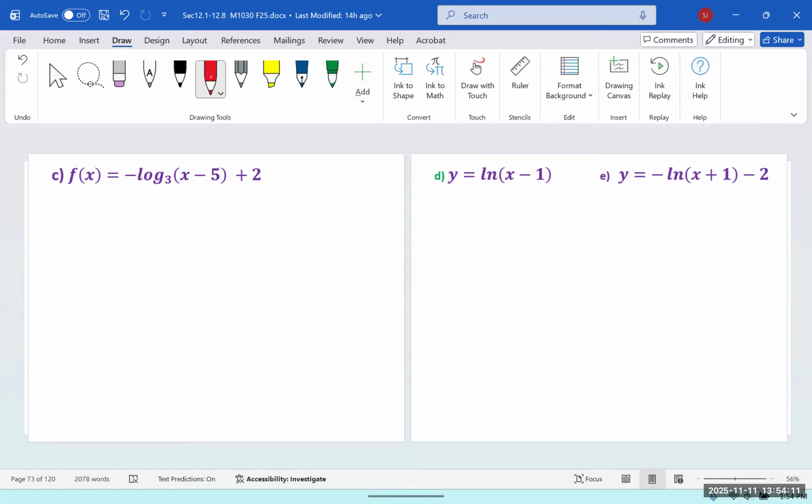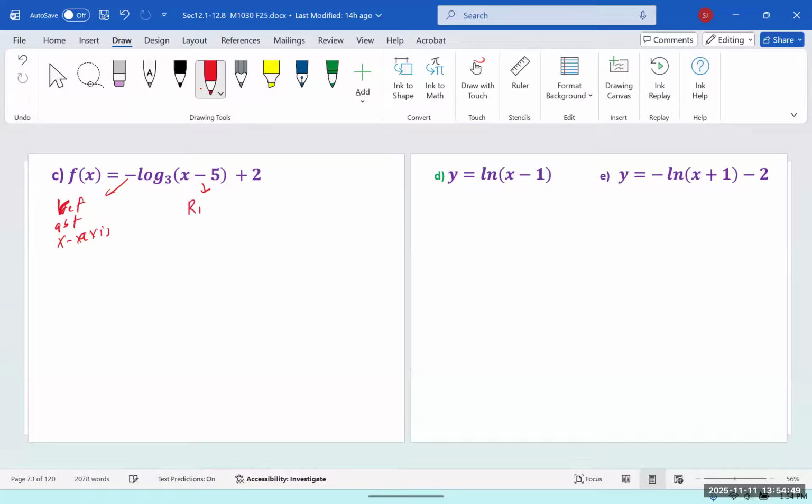Are you guys done? George, help me with C, please. Do you want to draw it? It will be fun. Okay, negative means reflection about the x-axis. Minus 5 inside, left or right?